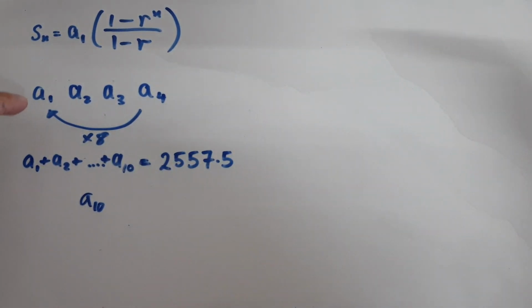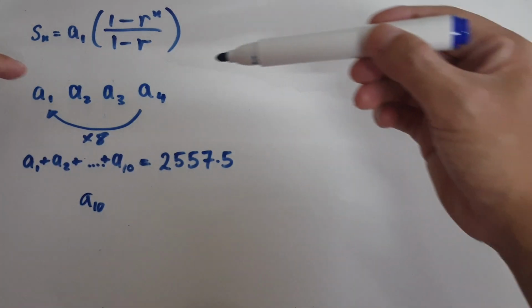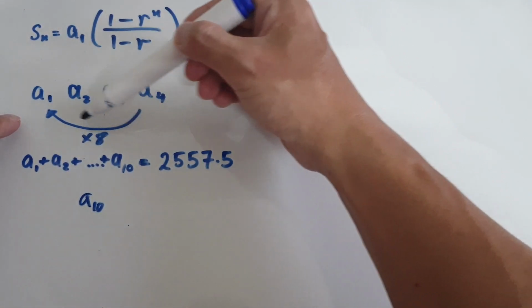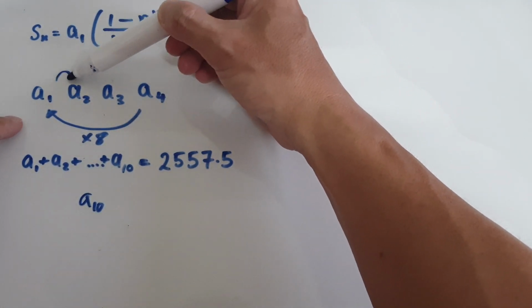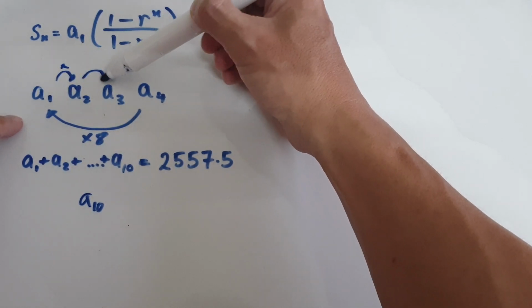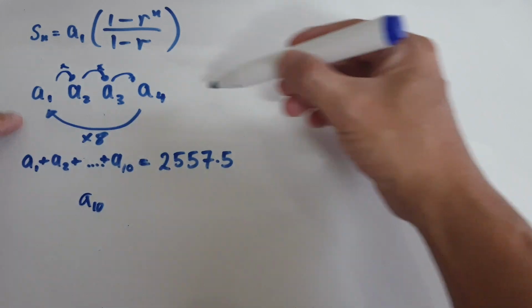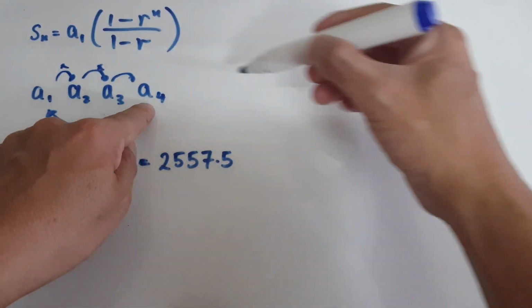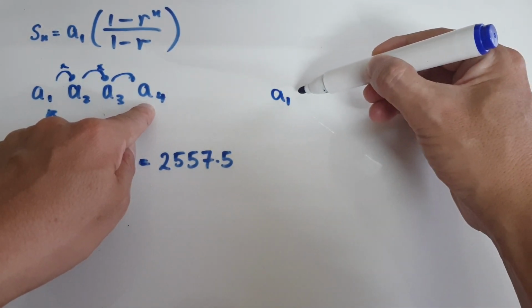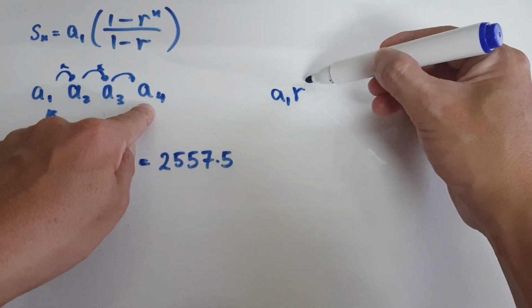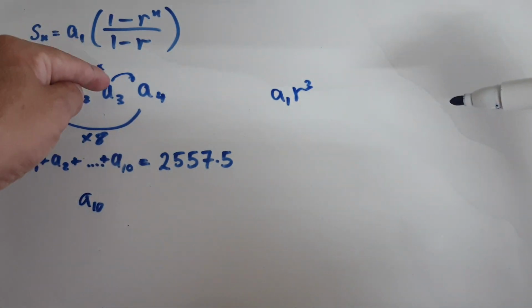To do this, let's find r. The fourth term is 8 times larger. If you look at this, you times r, you times r, you times r. So you times r 3 times. So this term here would be the first term, a1, times r 3 lots. 1, 2, 3.